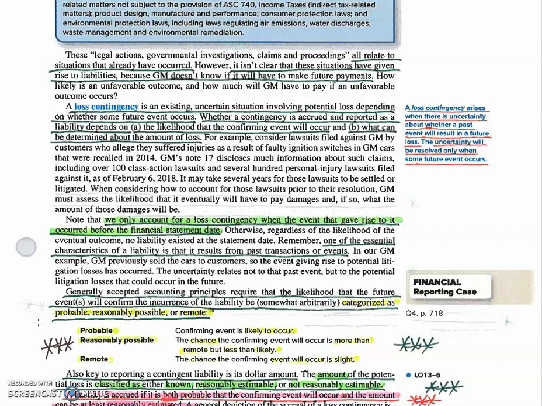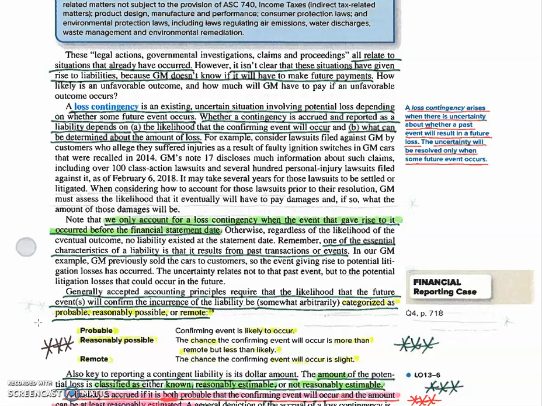In that case, we do record a liability because it's probable that we're going to incur a liability, and we can reasonably estimate the loss within a range. Now, at this point in the class, if we were in class, I would ask the question, okay, in that case, how much should the liability be?